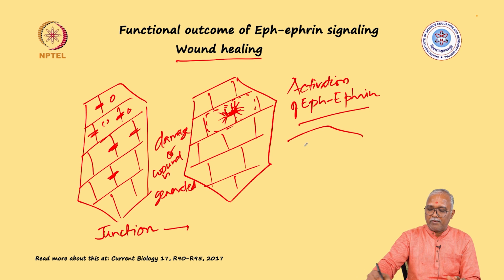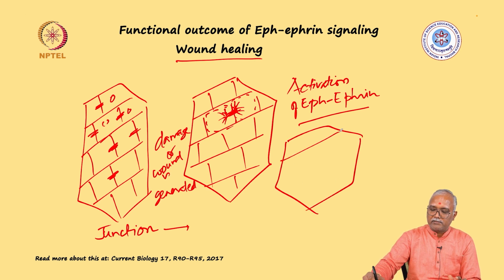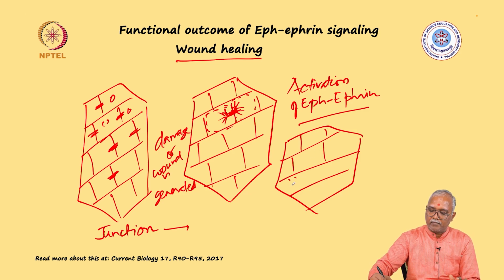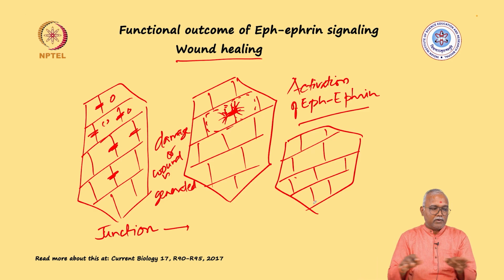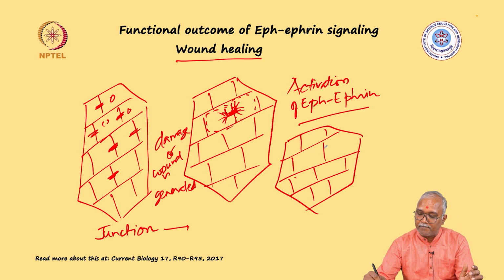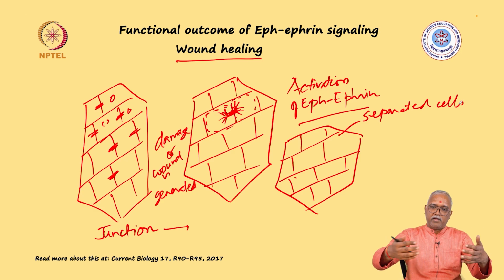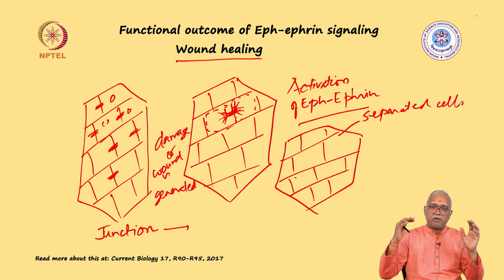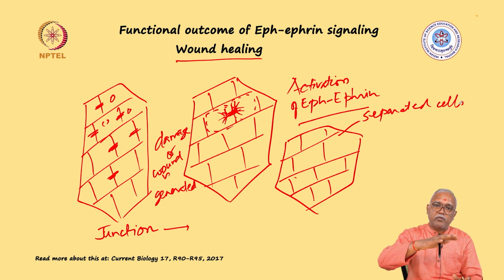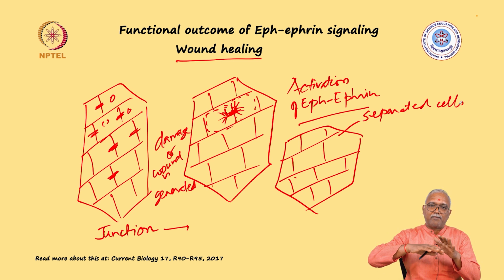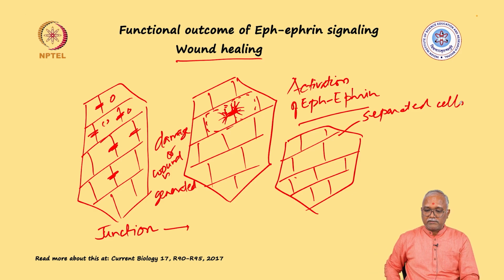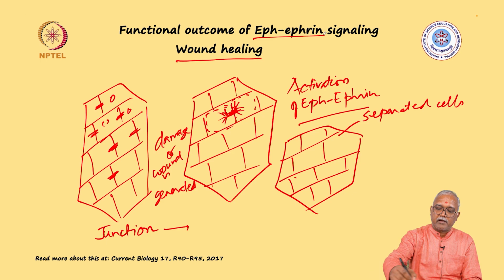Thus, eventually, you will have cells, but the junctions are not functional now. So you will have cells which are separated. These separated cells will now be able to sense the presence of molecules in the environment and then do some sort of chemoattraction and move towards the wound to fill the gap. So this is an example of Eph-Ephrin signaling coming into wound healing.